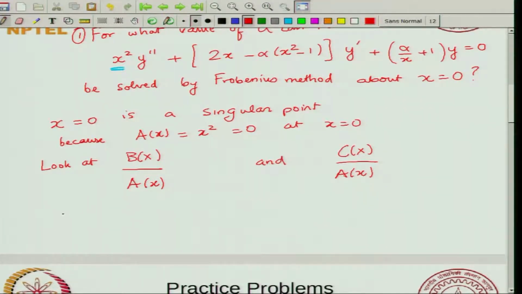So let me just write that you have a of x equal to x square, b of x is equal to 2x minus alpha x square minus 1, and c of x is equal to alpha by x plus 1.